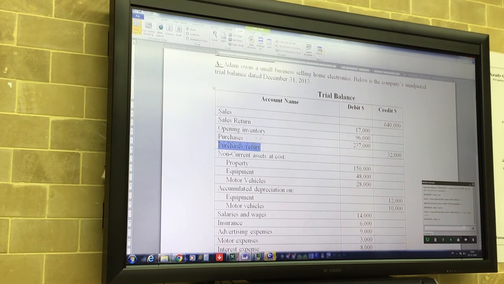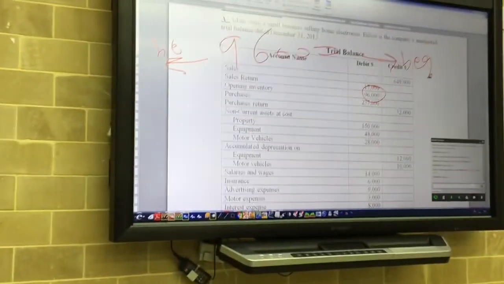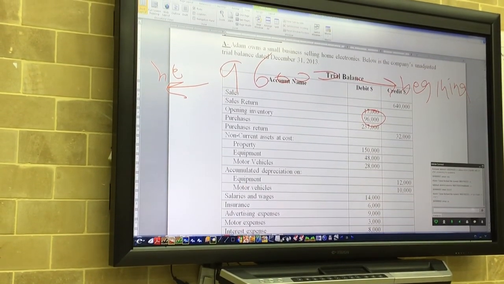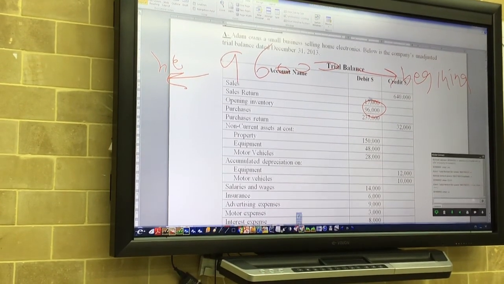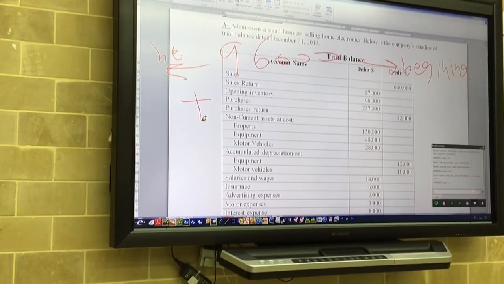So the cost of goods sold will be beginning inventory 96,000. This is the beginning or opening inventory. Plus net purchases.